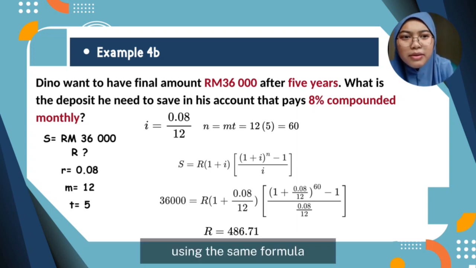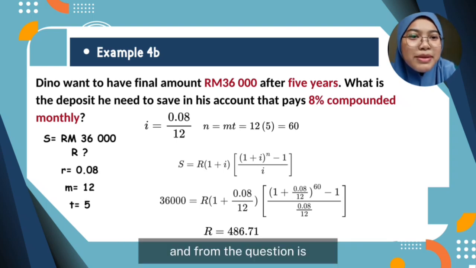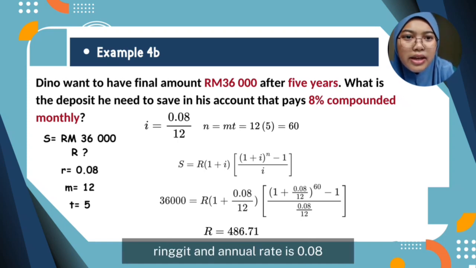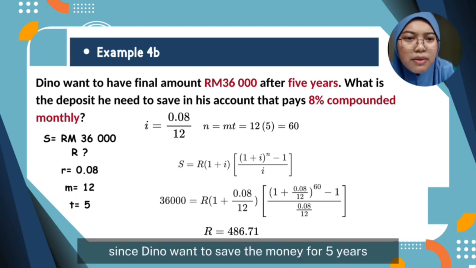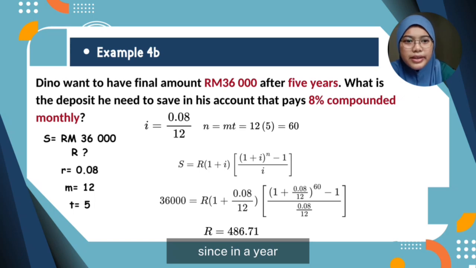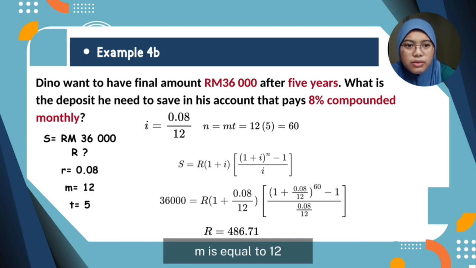Using the same formula, which is the formula of annuity due, the question already states the value of S, which is 36,000 ringgit, and annual rate is 0.08. Number of years is 5 years since Dino wants to save the money for 5 years. The value of M is 12, since in a year we have 12 months, so the compounding frequency M is equal to 12.